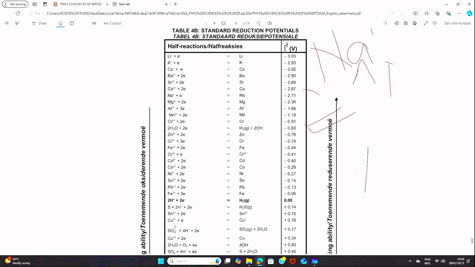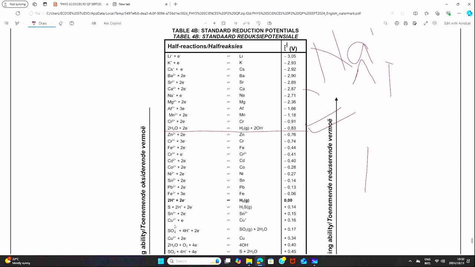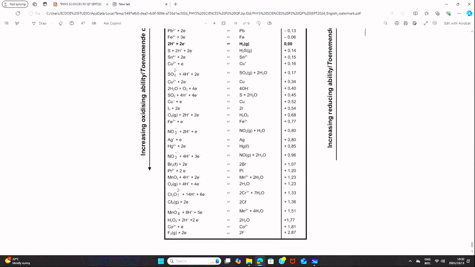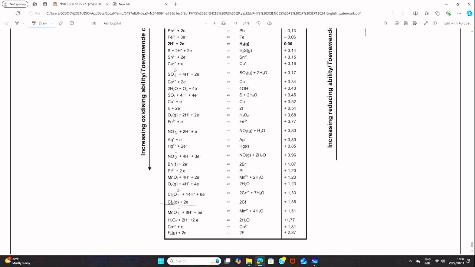We said that the water is the one with the empty N number. This is the water that is reacting here. And then we know that the second reaction that is taking place here is the chlorine. Chlorine, where is the chlorine? Let's find it. It's here at the bottom. This is the chlorine.